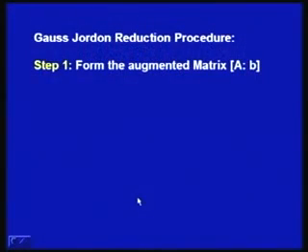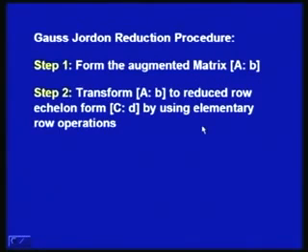Now, the Gauss-Jordan reduction procedure is a slight variation from this, in the sense that the first step remains the same, that we have to form the augmented matrix. Step 2 is to transform AB to reduced row echelon form by using elementary row transformations. That is the basic difference between the two methods, the Gauss-Jordan reduction procedure and the method which we have discussed just now.